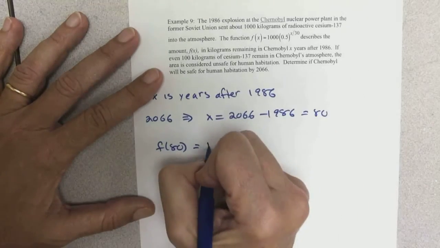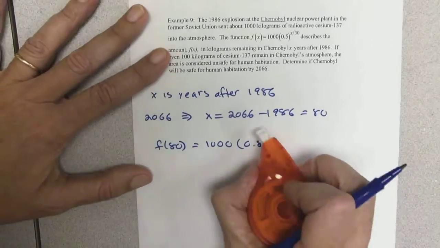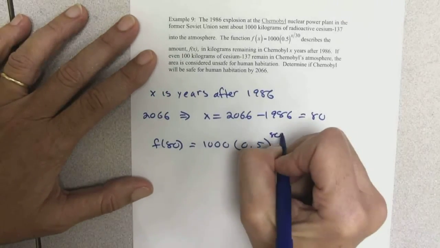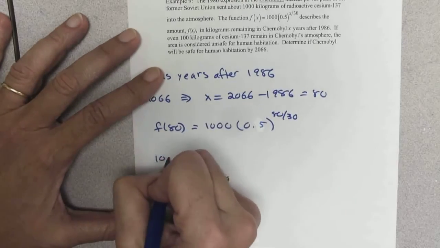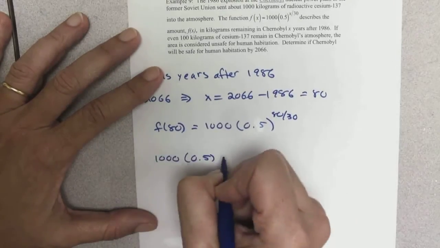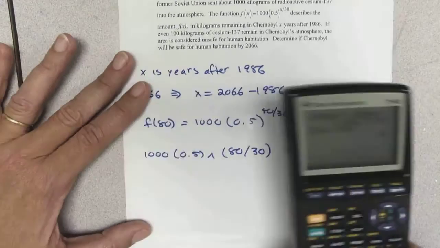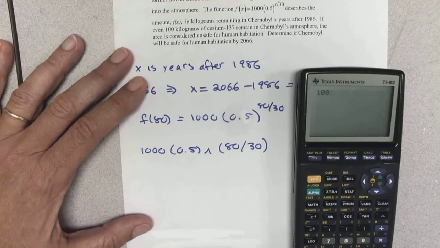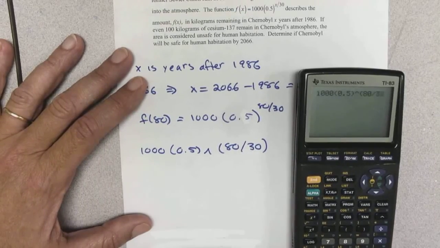So plugging that in there, 1,000 times 0.5 raised to the 80 divided by 30. And again, we're just going to ask the calculator to do that. So 1,000 times 0.5 raised to the 80 divided by 30.